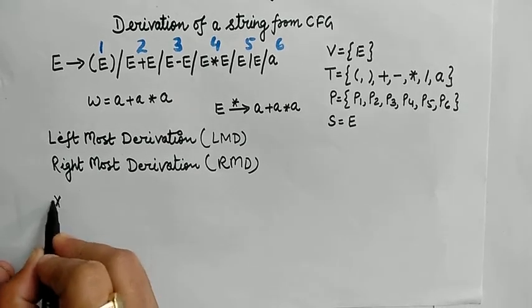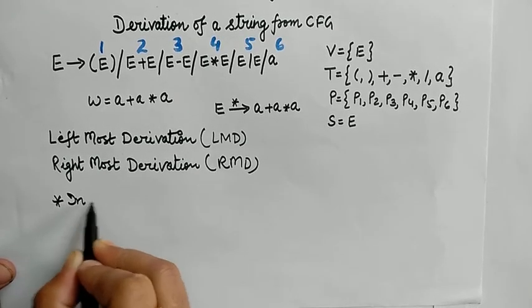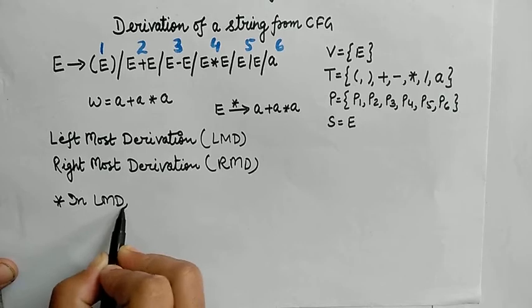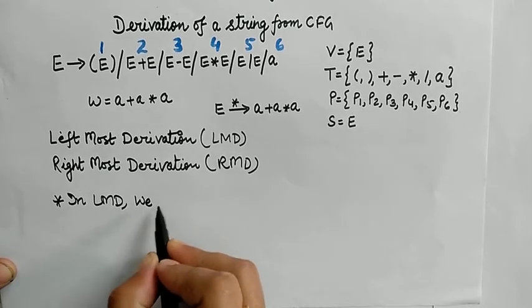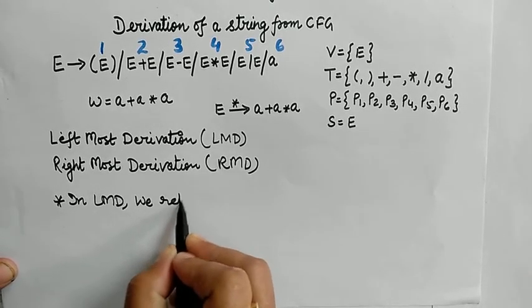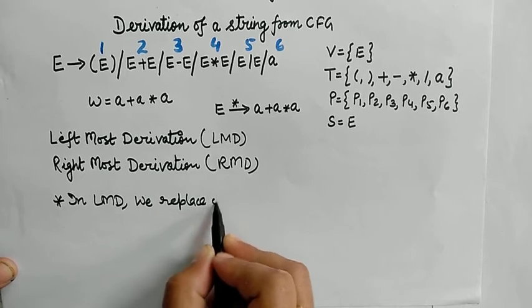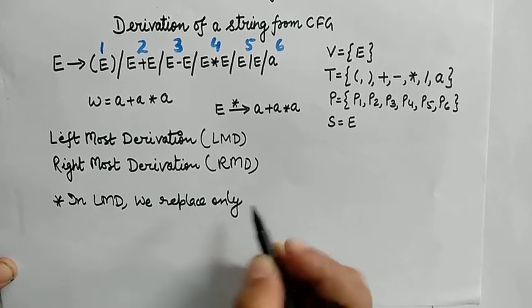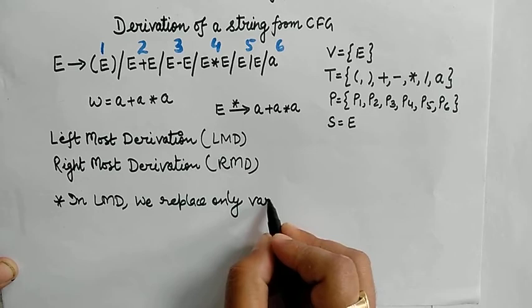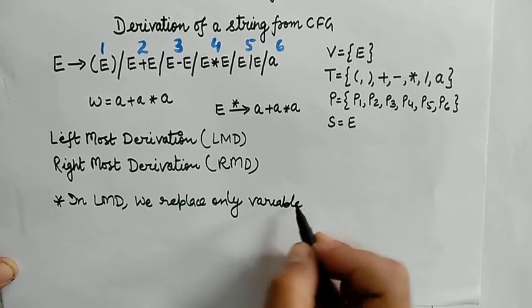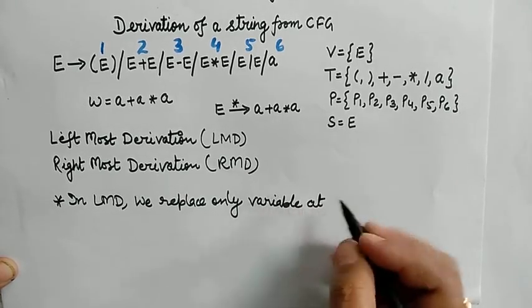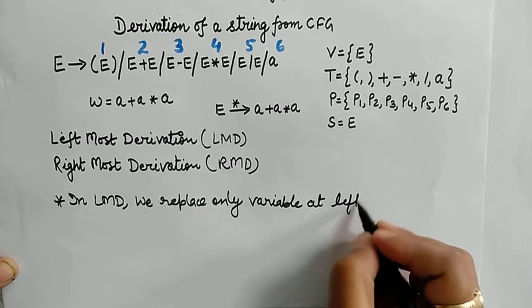In leftmost derivation, at a point of time we replace only the variable at the leftmost position.